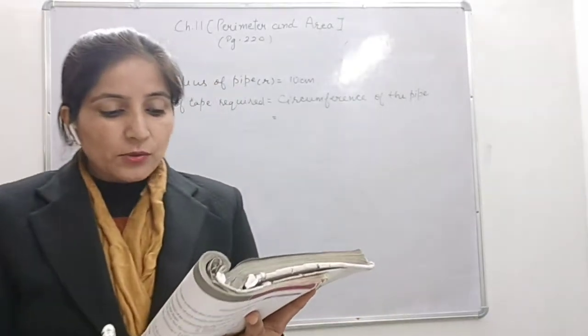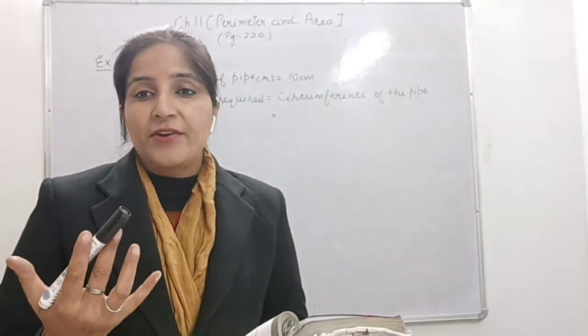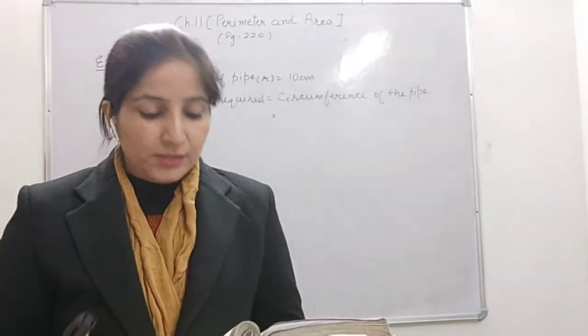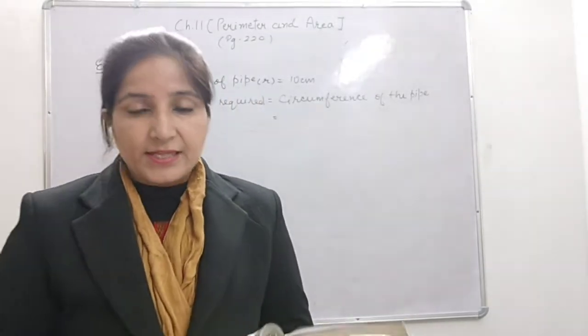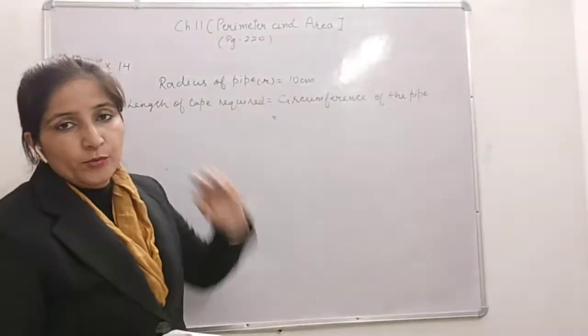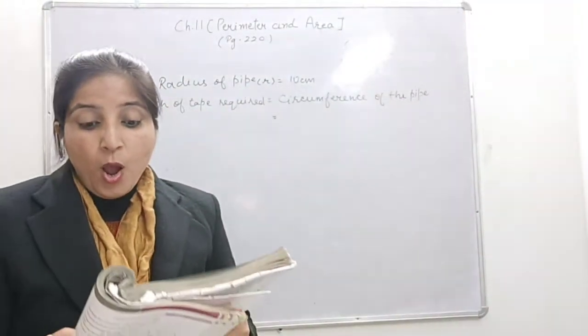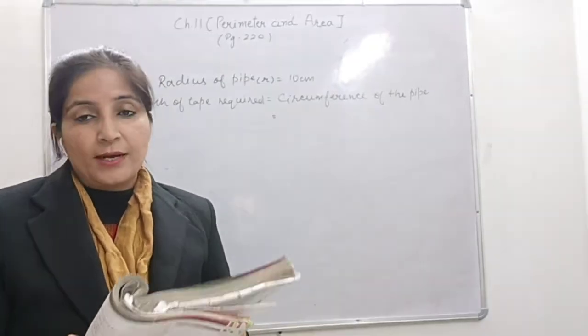The radius of a circular pipe is 10 centimeter. Pipes are always cylindrical in form, and the top or the bottom is circular. So the pipe is a circular pipe, and the radius is given, that is 10 centimeter. So I have written radius of pipe R equals 10 centimeter. Now, what length of tape is required to wrap once around the pipe?